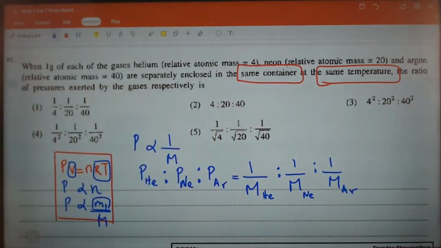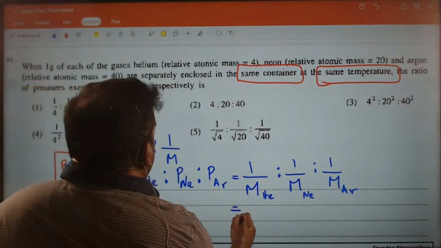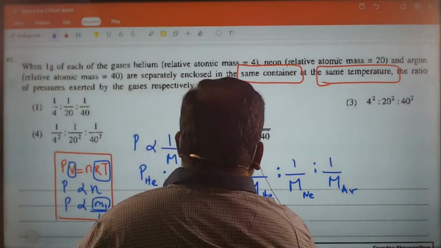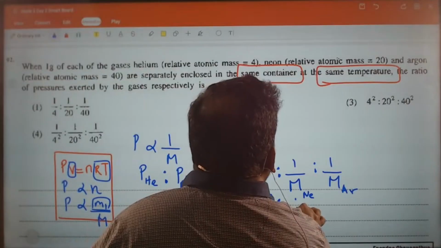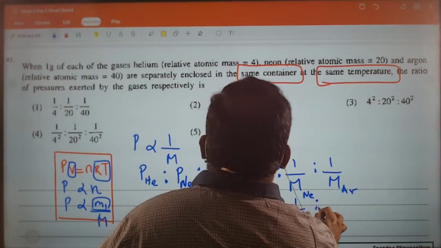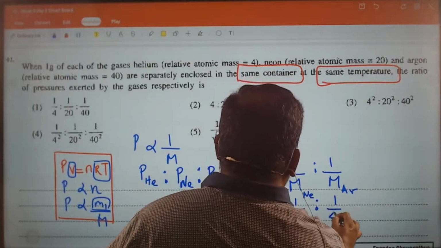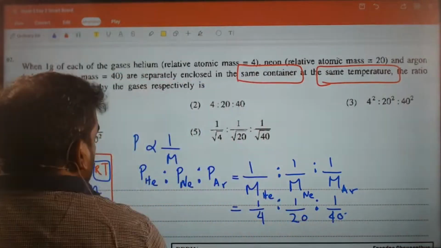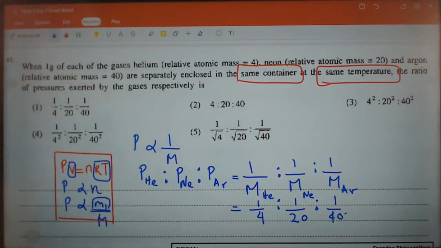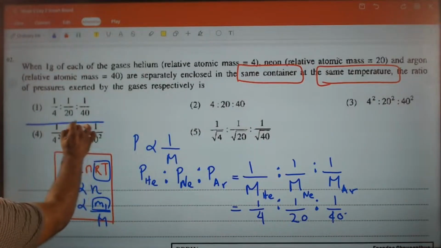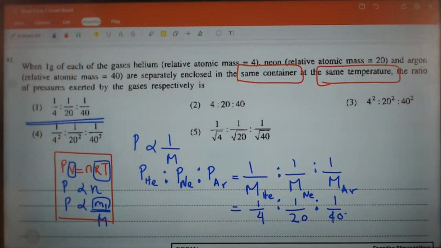So here helium is 4, neon is 20, argon is 40. 1 over 4, 1 over 20, 1 over 40. Correct answer is answer number 1.